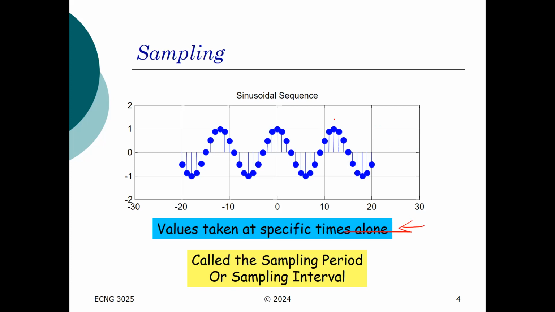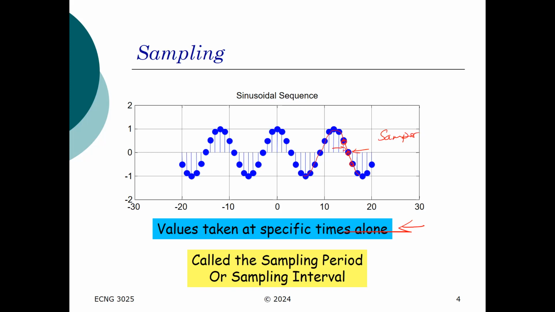So the original signal, I'll just draw it in red here, would have followed that. What I am doing is taking the values of the original signal here, waiting a period, taking a value here, then taking one here, and so on. That is the sample period.